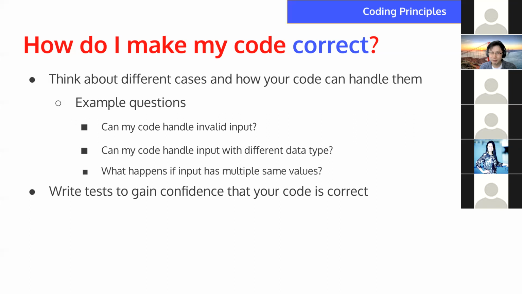You may also ask yourself, what happens if my input has multiple same values, right? If it has duplicates, or the same value but they mean different things. For example, you could imagine there are multiple Michael Jordans in the world. One's a famous basketball player, and the other one's not, but they also exist in this world, and we may want a different way to differentiate them.